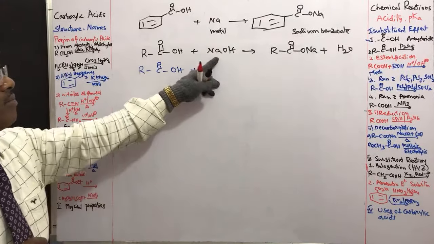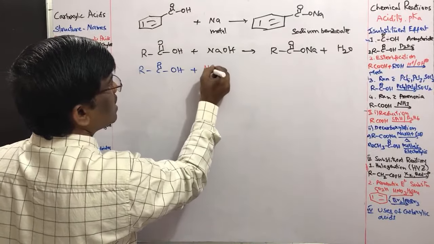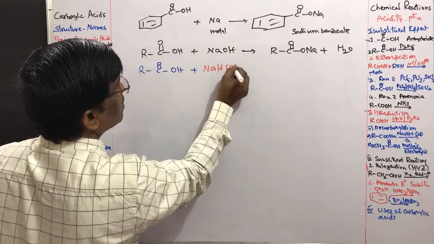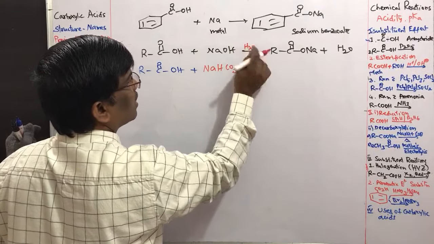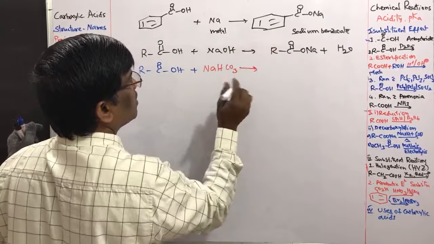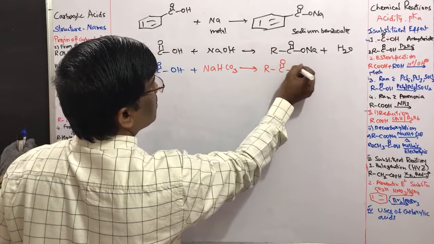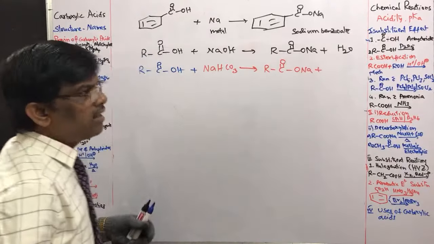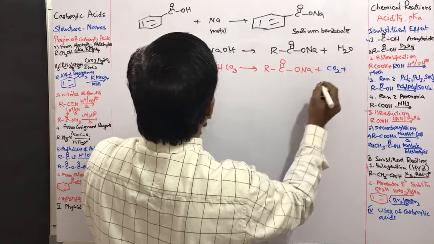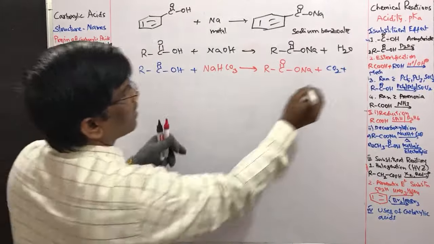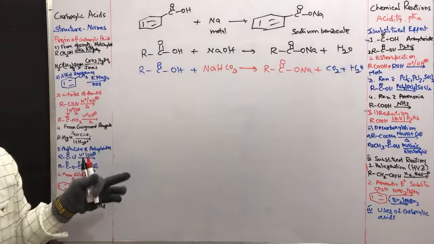So it forms salt with sodium hydroxide, and I can use sodium bicarbonate, which is a weak base, in aqueous solution, and I can form or isolate this sodium salt of the acid, plus carbon dioxide, and what is left over? Water. This is going to be the reaction.